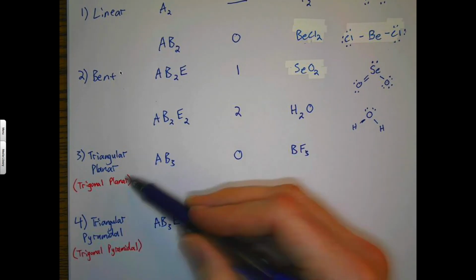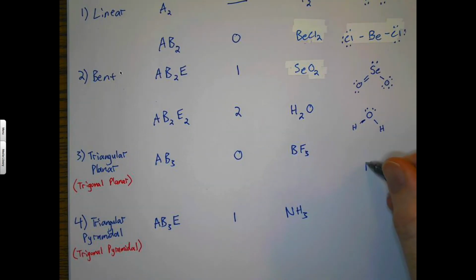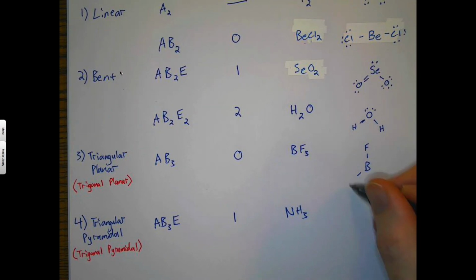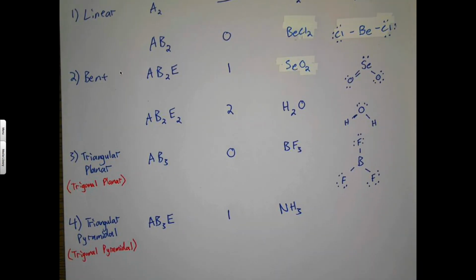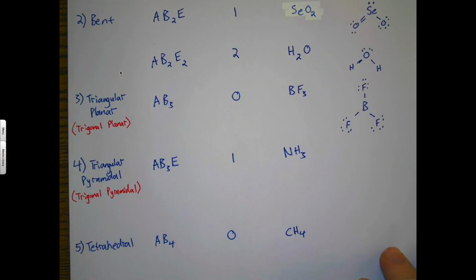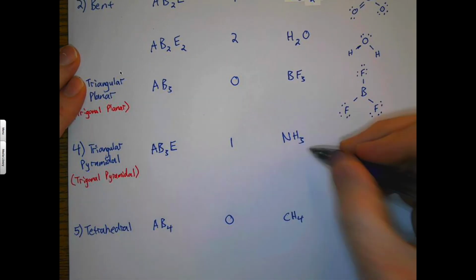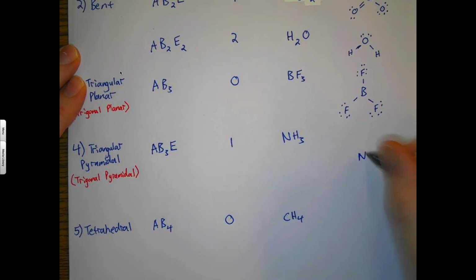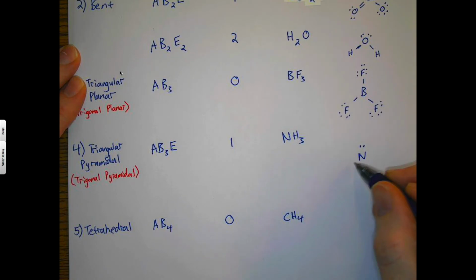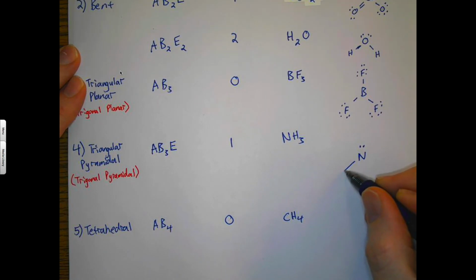Trigonal planar, BF3, we're going to have boron, and then we're going to have fluorines here on either side. And then we're going to try to place those dots around it as far away as possible. Trigonal pyramidal, we're going to put that nitrogen here. And now this is how you can do it, just in case you see this.